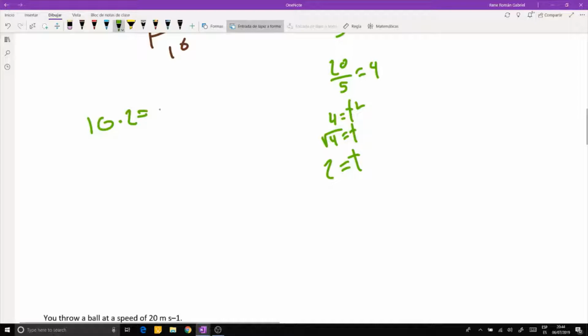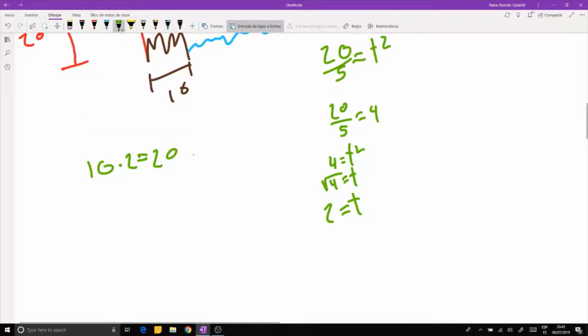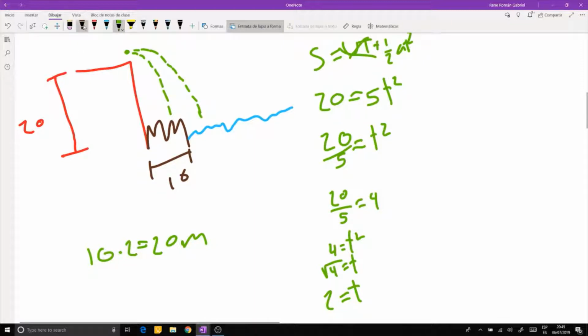So that would give us 20, and that would be 20 meters. So the question of would it hit it or would it make it, well, it would pass it, and it would actually pass it in twice as long.